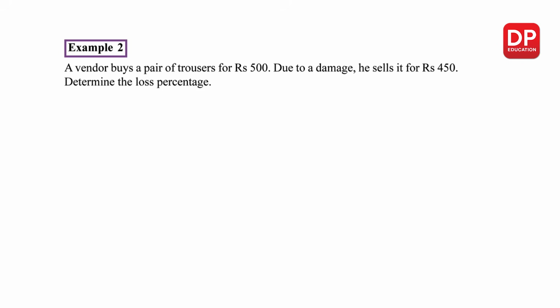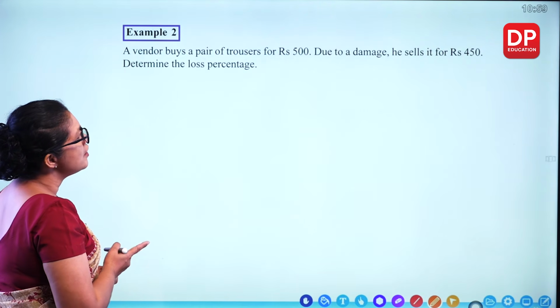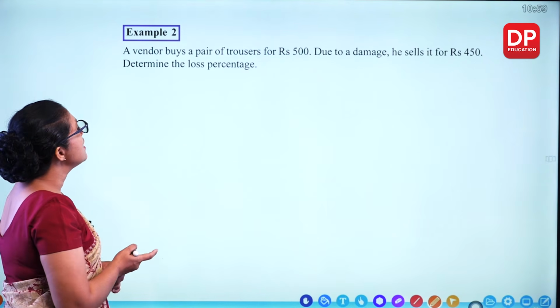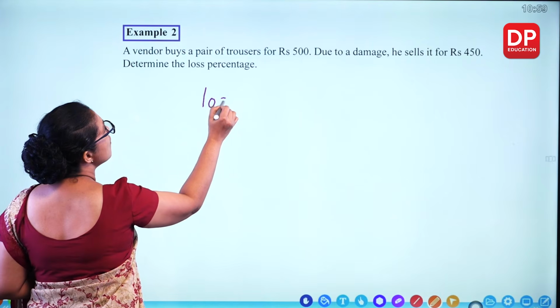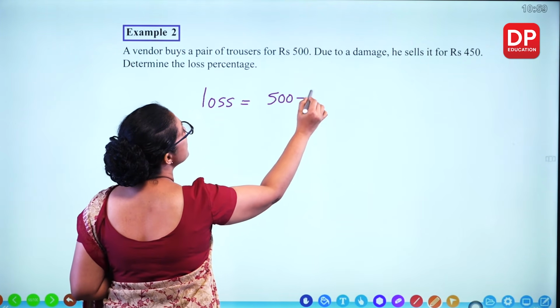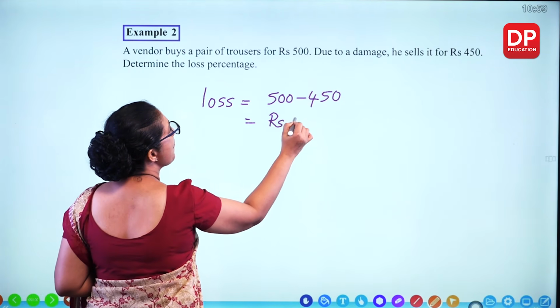Example number 2. A vendor buys a pair of trousers for 500. Due to a damage, he sells it for 450. Determine the loss percentage. So what's the loss value? 500 minus 450, that's 50 rupees.